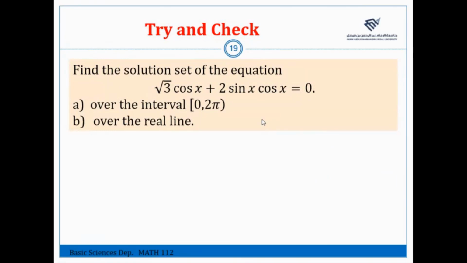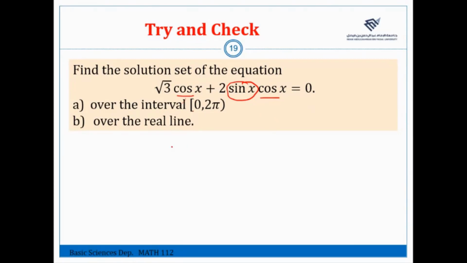Let us try the same steps to solve the following equation. Here it is the same case, because we have cosine and sine, two different functions in the same equation. But here it's already equal to 0, so we factor directly.